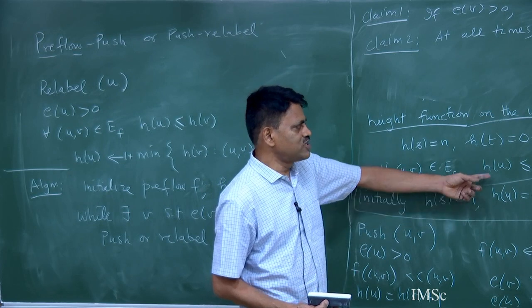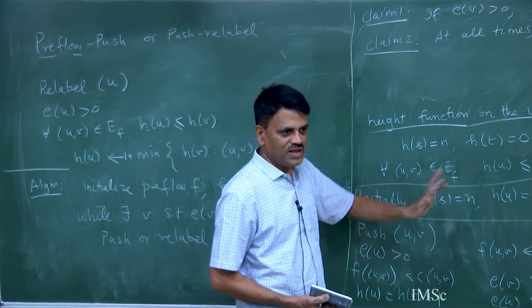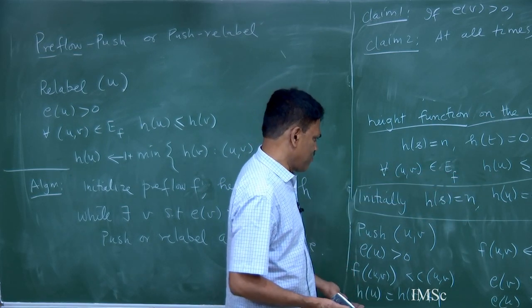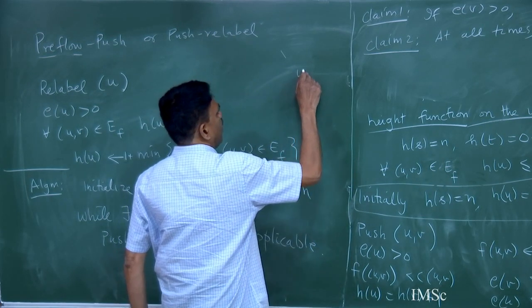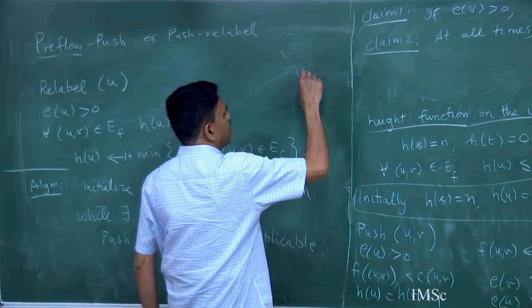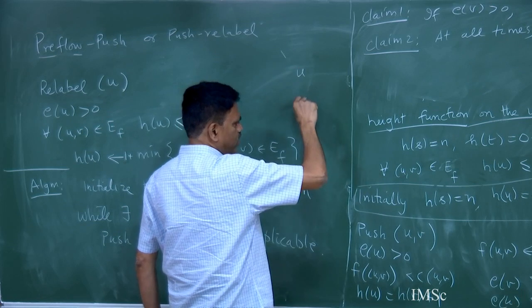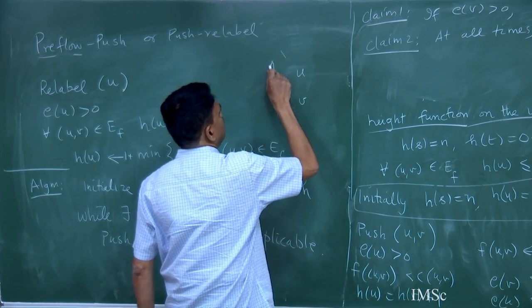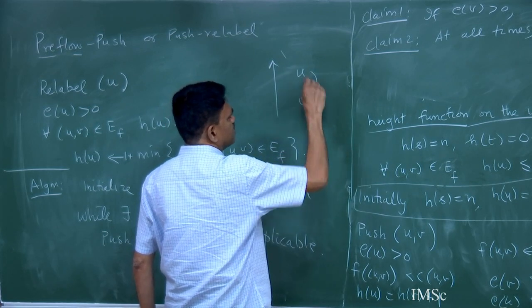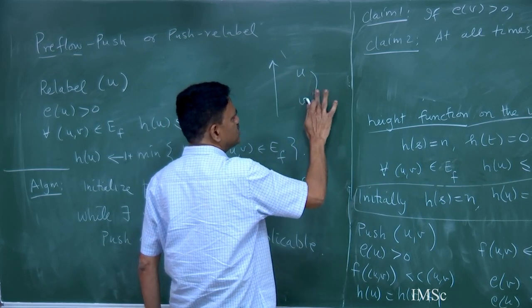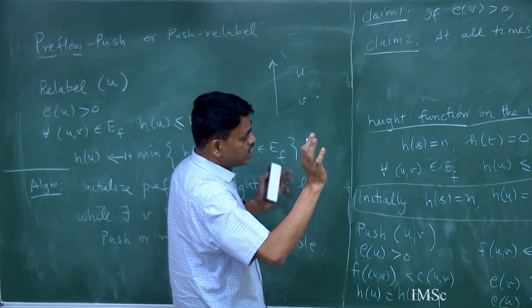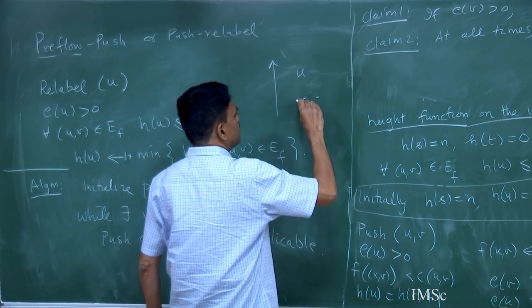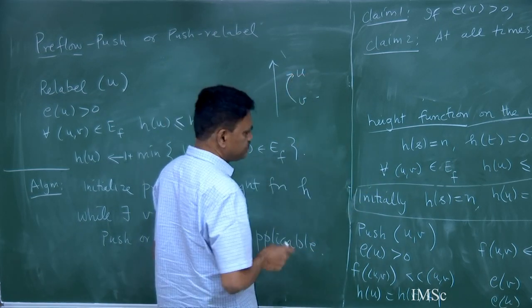So I need to ensure this condition. You can verify that h(u) is equal to h(v) plus 1 when I am pushing through this edge. Heights don't change. This edge may go away from the residual network, so one constraint is gone, but this edge may come in.